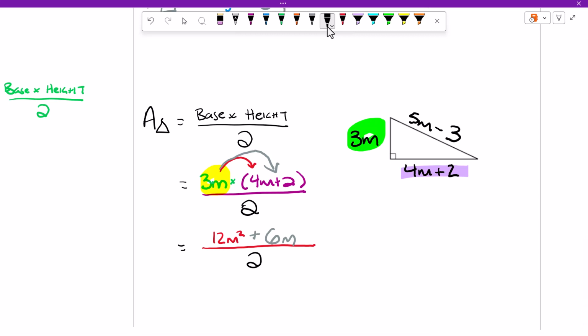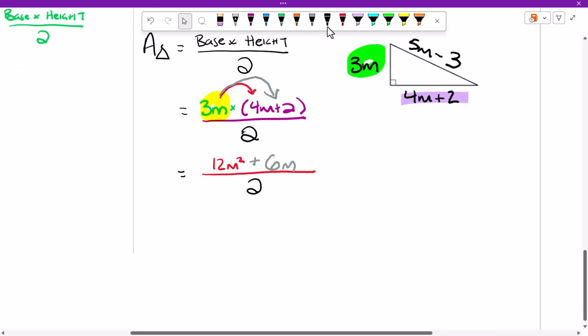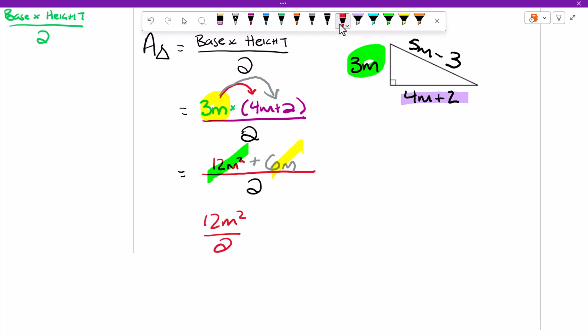We take this. Now we split it up into our fractions. How many fractions do we split this up into? 2. There are 2 fractions, 2 terms on the top. Right? So there's a term here and a term here. We're going to split those up. We have 12m squared over 2 plus 6m over 2. And we clean those up.